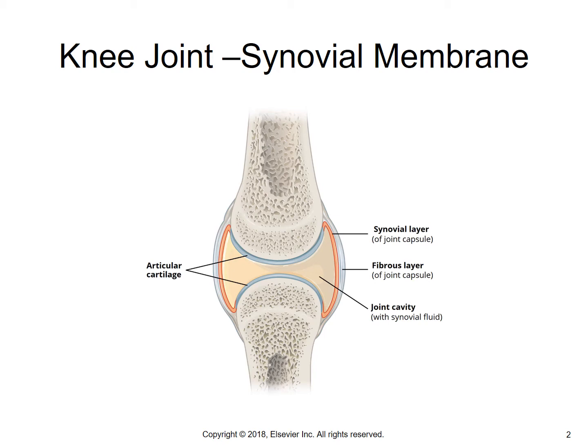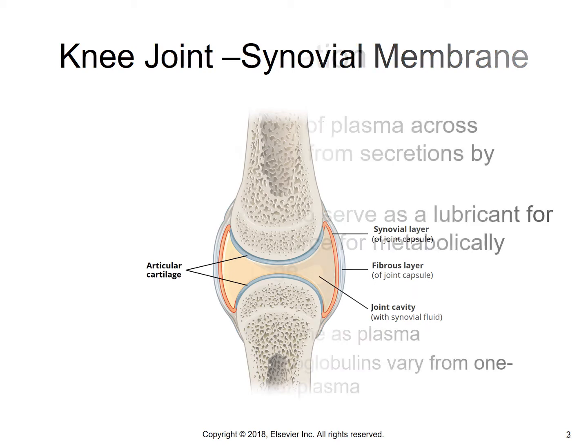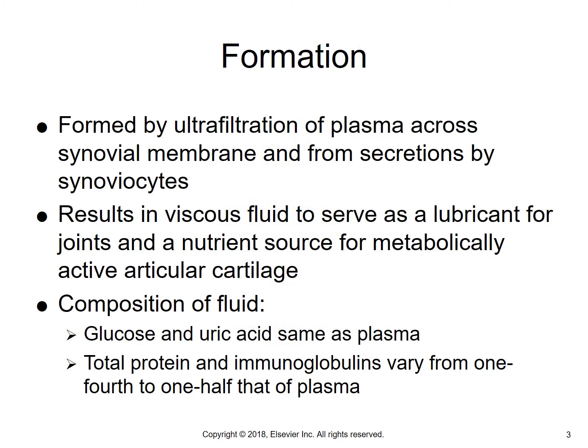Now here we have certain kinds of joint diseases that occur with the joint spaces and are classified into 4 categories. Synovial fluid is formed by the ultrafiltration of plasma across the synovial membrane.